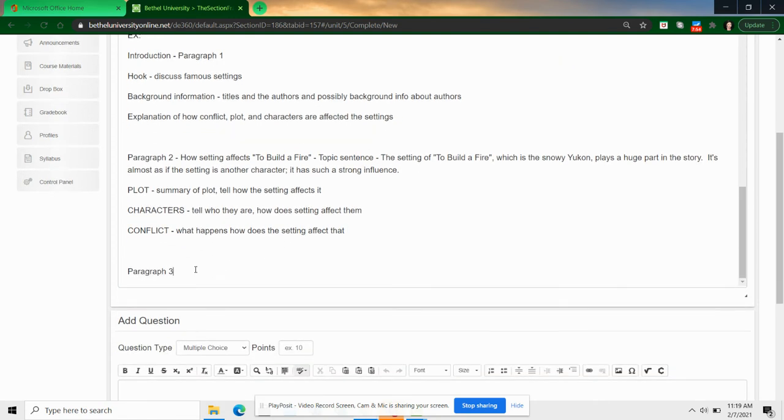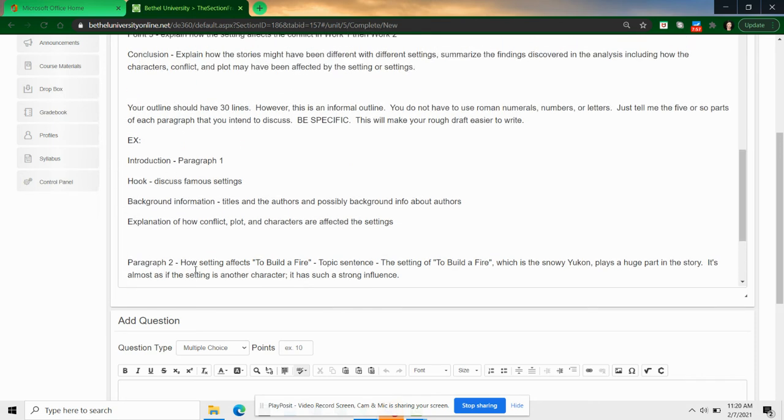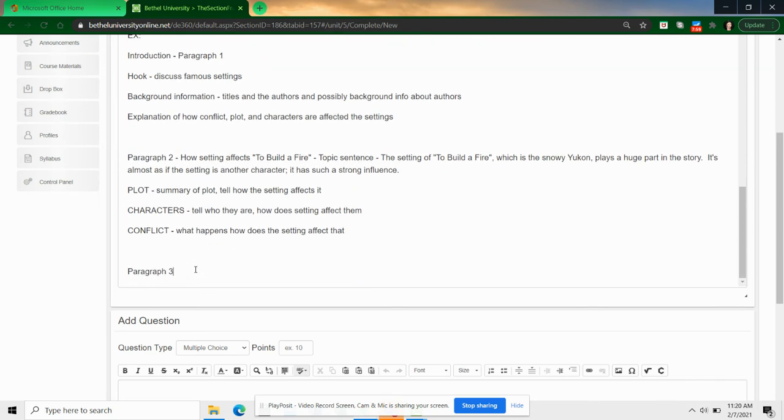But as you continue, so for paragraph 3, if you were doing the 4-paragraph outline, then paragraph 3 would be how setting affects another story that you're choosing. Let's say you chose Cask of Amontillado. How setting affects Cask of Amontillado. Go ahead and write a good topic sentence.